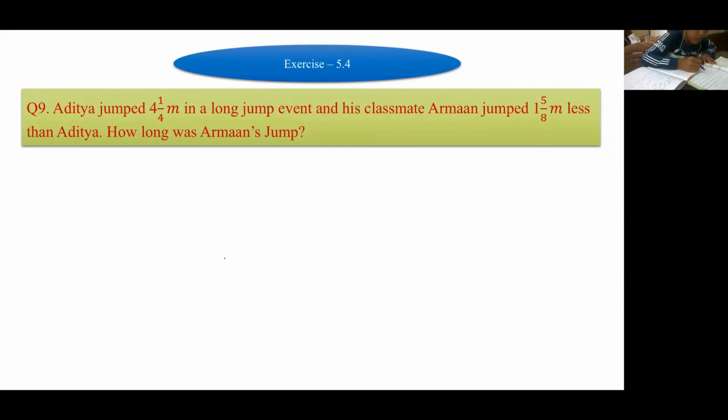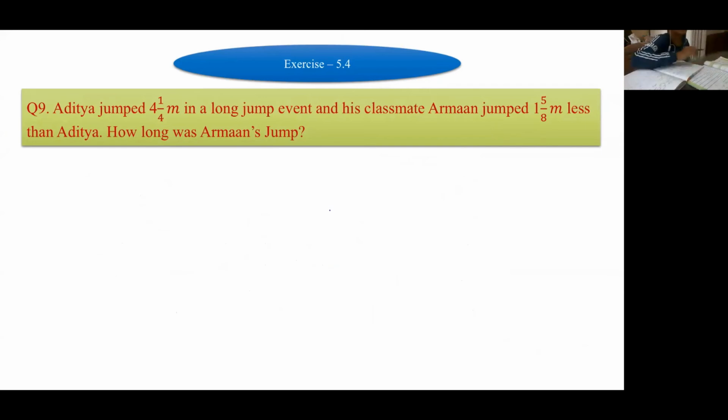Aditya jumped 4 1 by 4 meter in a long jump event, and his classmate Arman jumped 1 5 by 8 meter less than Aditya. How long was Arman's jump? Sir, we have to subtract Arman's jump from Aditya's jump.